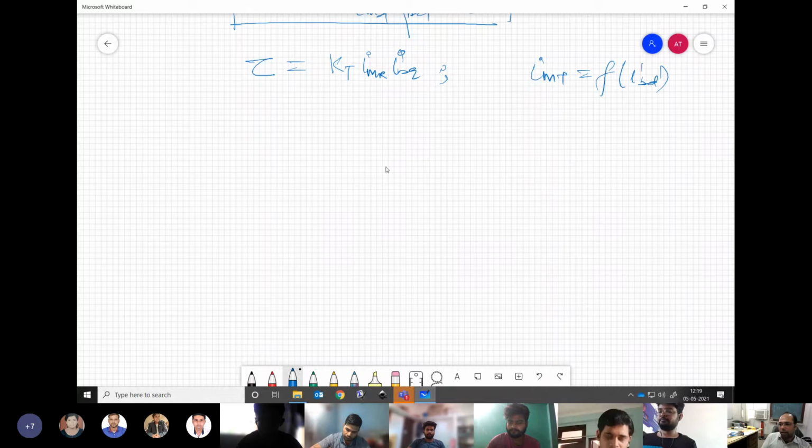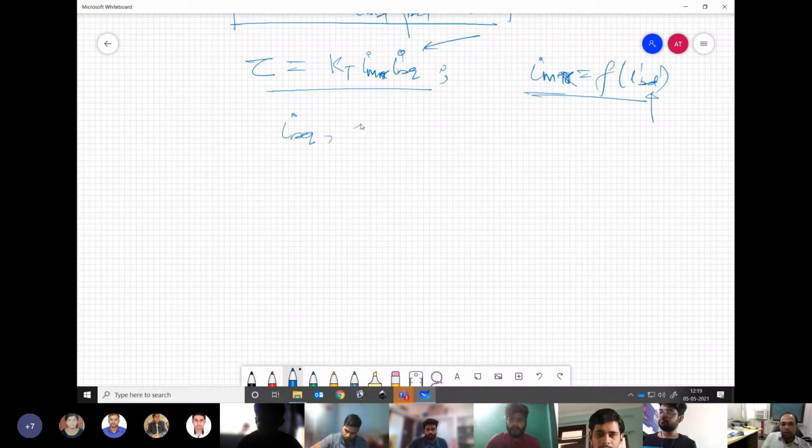So these 2 quantities, IMR and ISQ, are related with the ISD ISQ current like this. Which means, if we decide that we will have fastest control for ISD ISQ, they will always be in the inner control loop.